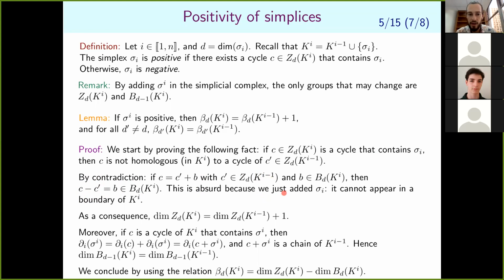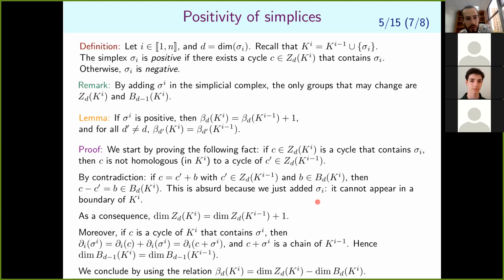And we just added sigma I. So we have a boundary that contains the simplex sigma I, and this is absurd because we just added sigma I. So it cannot be in the boundaries, it cannot be the face of a simplex. Because if it is a face of a simplex, this simplex will be of a dimension higher, and the ordering we chose on our simplicial complex is such that faces arrive before the simplices.